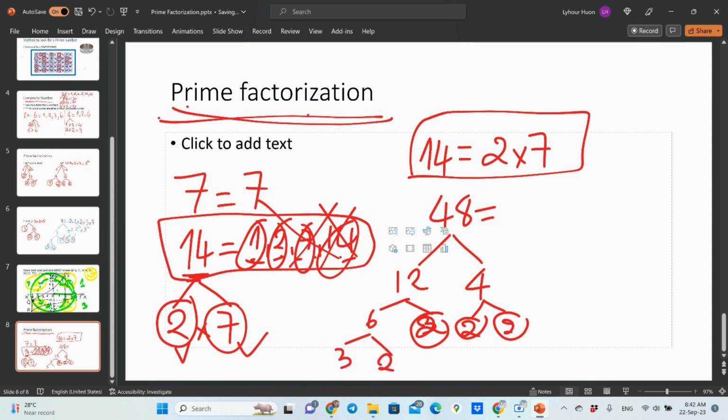Now we come to the primes. So how can we write 48 as a prime factorization? 3 times 2 times 2 times 2 times 2.